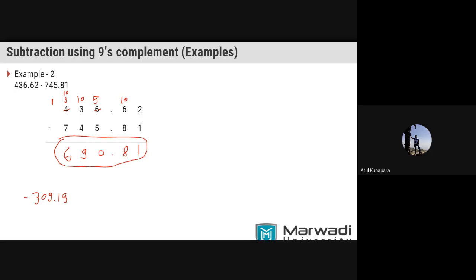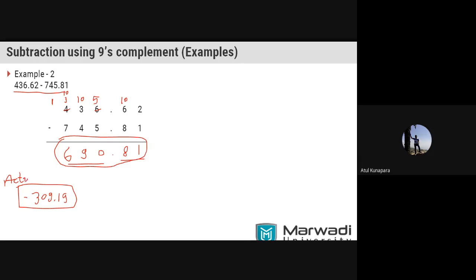I just followed the same rule as we follow in normal subtraction, and whatever answer we are getting, 690.81, that is not the difference of these two numbers, right? The difference of these two numbers, the actual answer, is this one. So this is your actual answer, and that we are not getting in the direct subtraction.